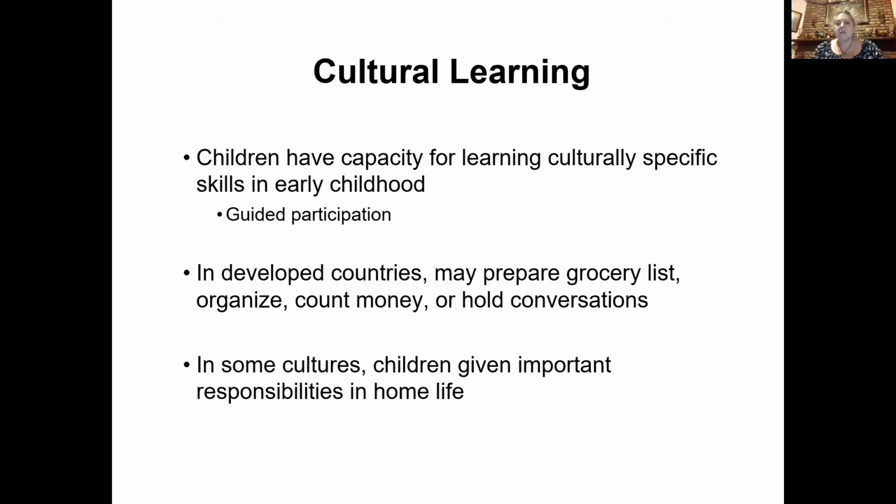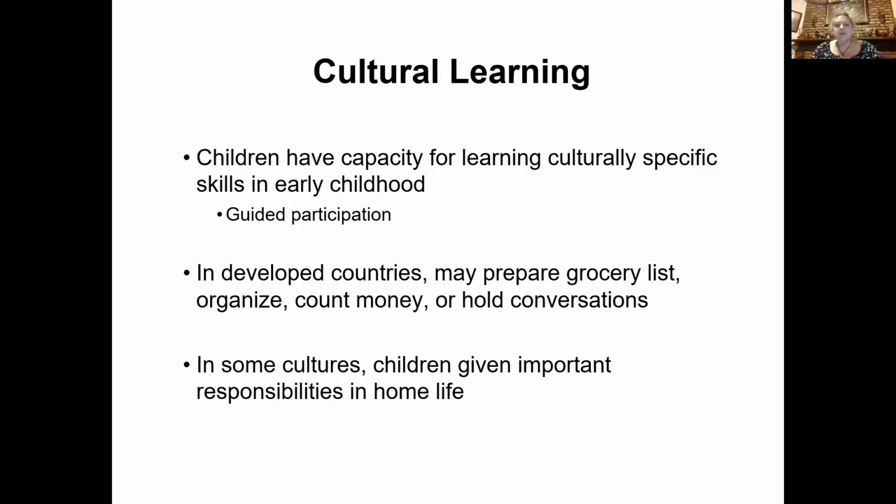In developed countries, this will happen through things like going to school. They may help to prepare a grocery list since they're able to write now. They're going to help organizing things, helping counting the money, hold conversations with people. In developed countries, it may be very different from some of the developing countries.